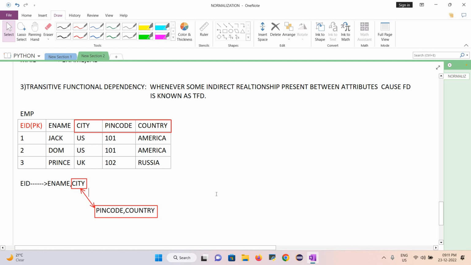This is known as transitive functional dependency.